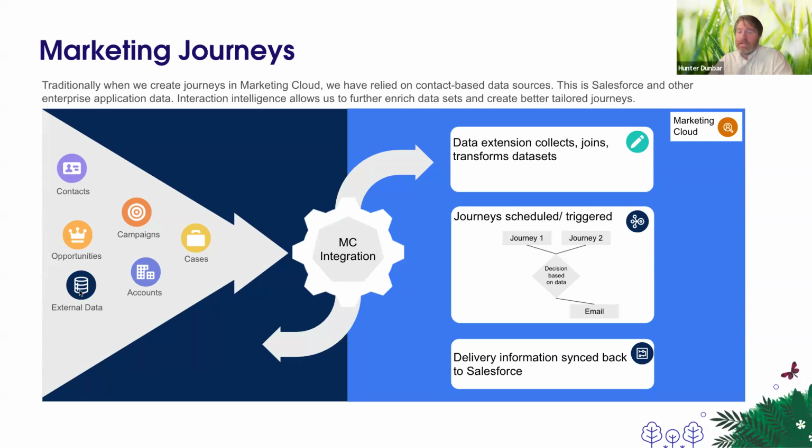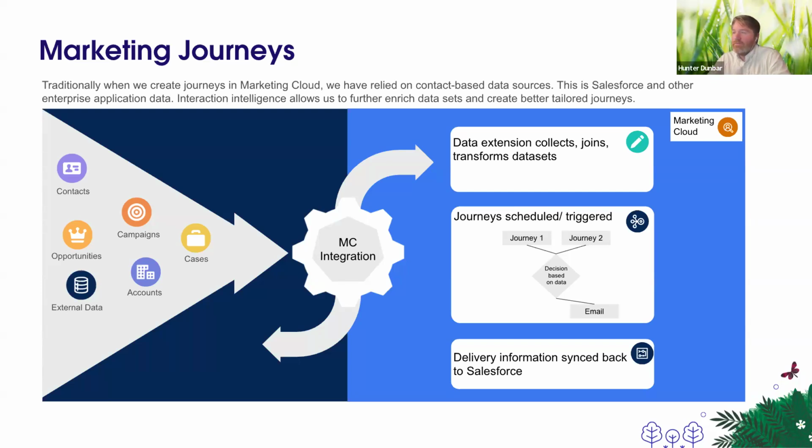You can also bring in external data from sources outside of Salesforce, model that all into Marketing Cloud through data extensions. We join and create data sets for who we're going to send to. And then we use the attributes in those data extensions to take people down different journey paths, and based on actions and things that occur during that journey, we'll take them down different trees.